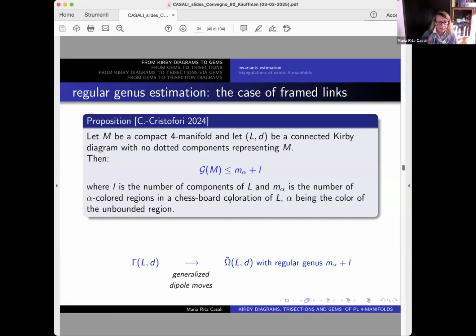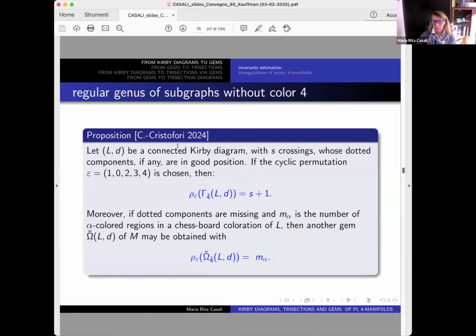A further result regarding invariance, which directly follows from the described construction, concerns the regular genus of the subgraph without color 4, which represents, as we have already pointed out, the three-manifold obtained by dotted surgery on the associated framed link. In the general case, that subgraph has regular genus equal to the crossing number plus 1.